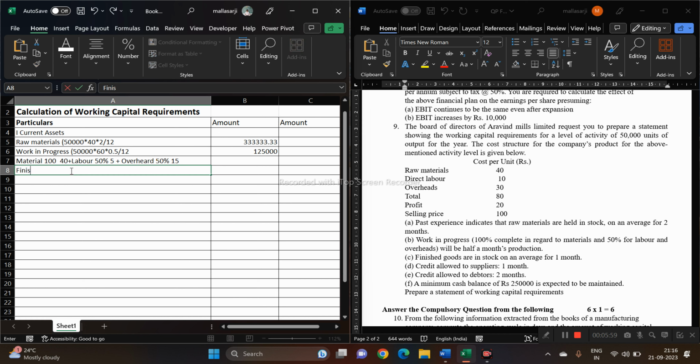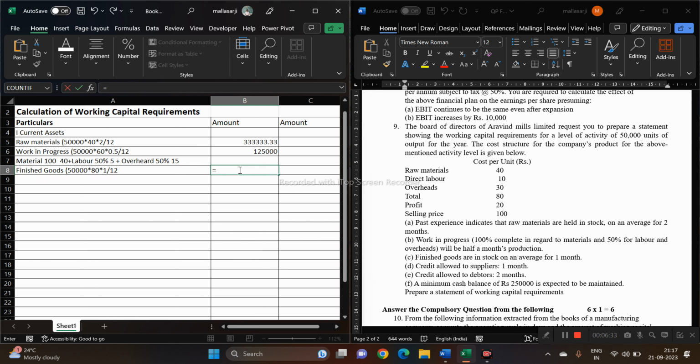Finished goods. What is the calculation here? We need to take the total cost, which is 80. Now we take 50,000 units manufactured, and 80 is the cost per unit, for total cost into finished goods are in stock on an average for 1 month. 1 month divided by 12, because in a year there are 12 months.